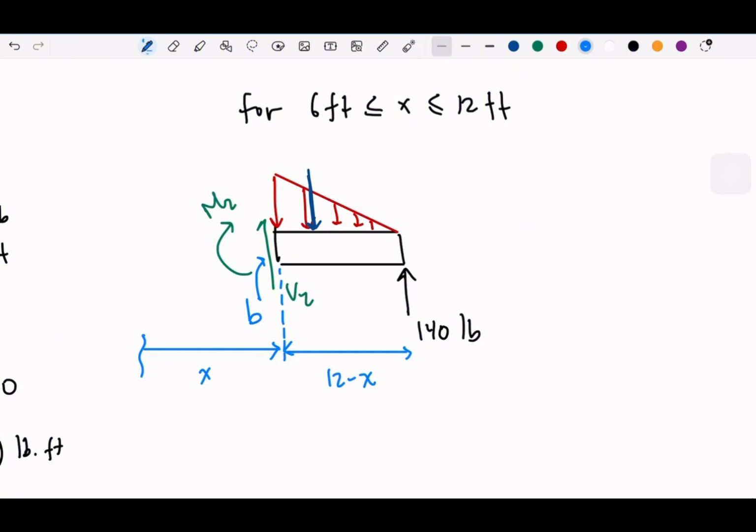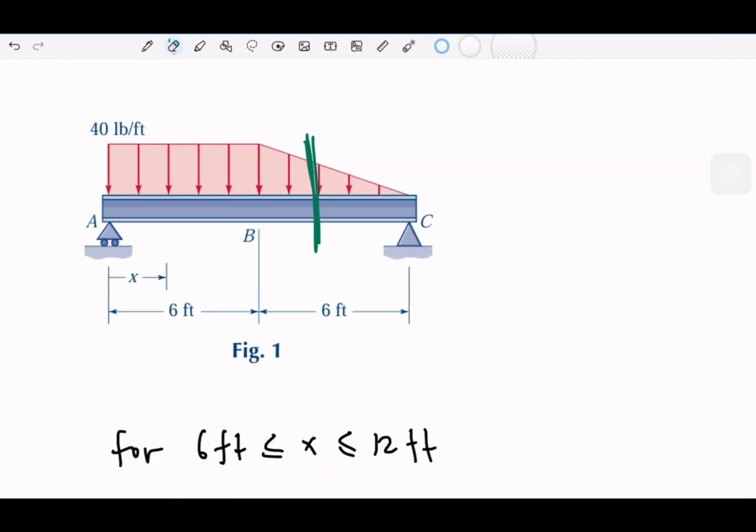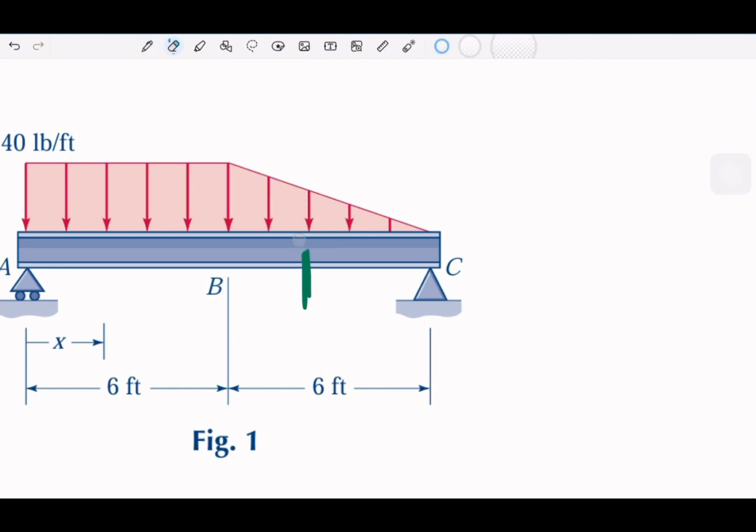Because this is 12 minus x, we are going to apply the half, 12 minus x as the base, and then this will be 40. To make it easy, we can look at this part here. If we take this as y, this is 40.